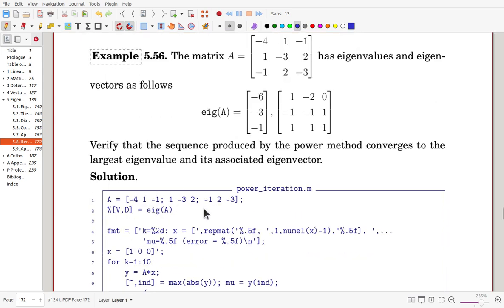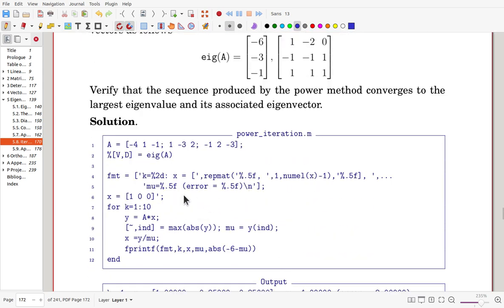Here we defined the matrix A, and this is a format for print here. Now we start with x0, 1, 0, 0. This is indicating transpose, so we consider one vector, the vertical vector 1, 0, 0. Now A is multiplied to become y for that one.